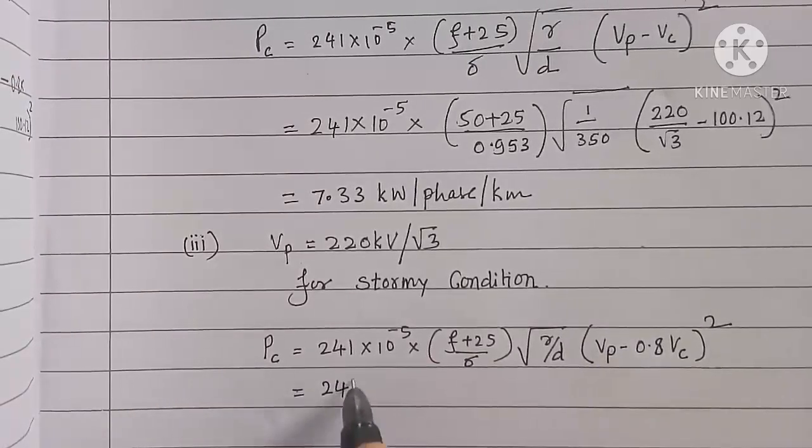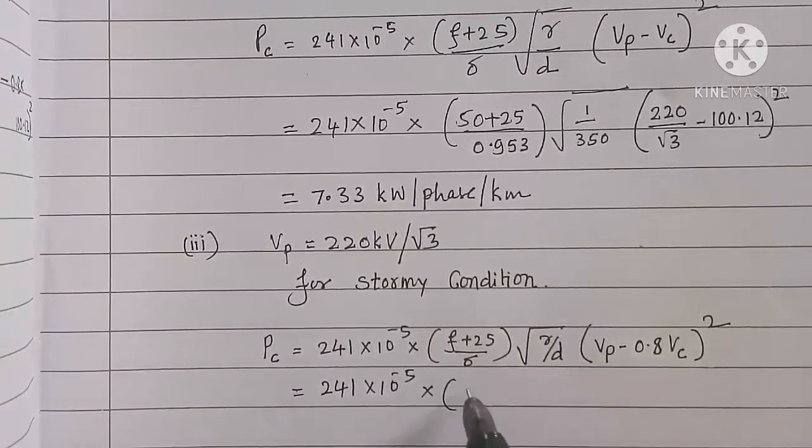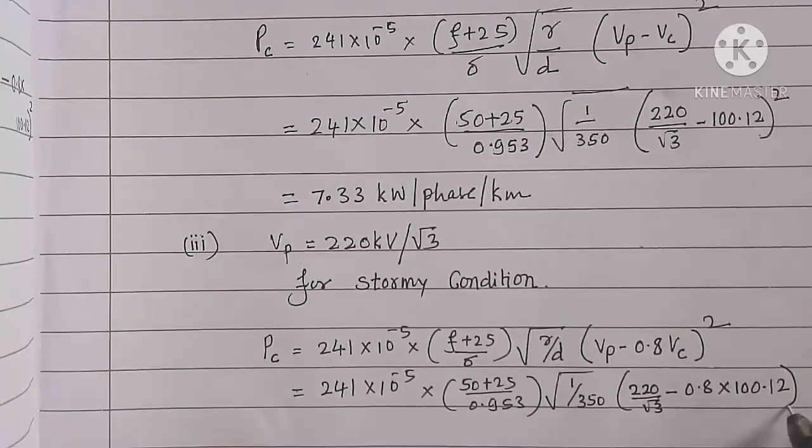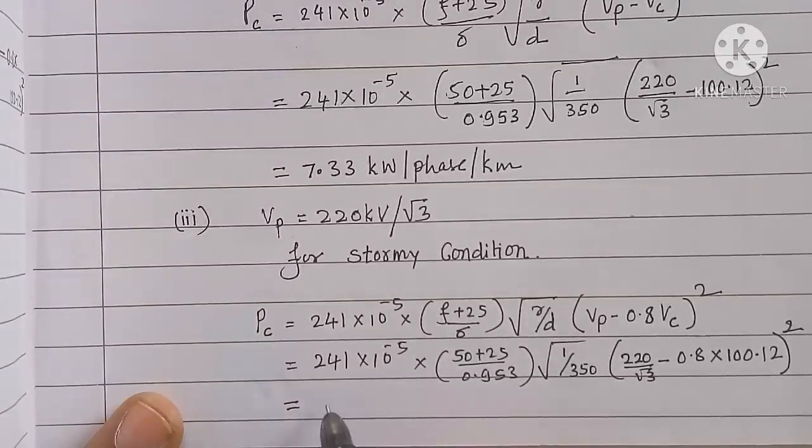Substituting the values, 241 into 10 raised to minus 5 into 50 plus 25 divided by 0.953 into 1 by 350 into 220 by root 3 minus 0.8 into 100.12 squared, we get 22.30 kilowatt per phase per kilometer.